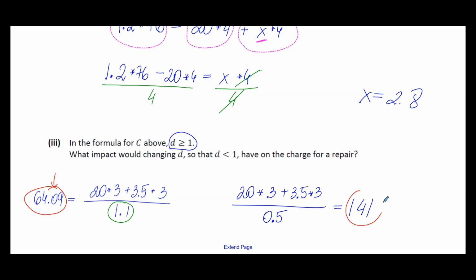So that will be the new charge. I can see what will happen. If that number becomes less than 1, this number goes up. So that means the charge will increase. We have to look at a specific number, and that's how we will know what will happen. Otherwise, it is difficult to consider without specific examples.